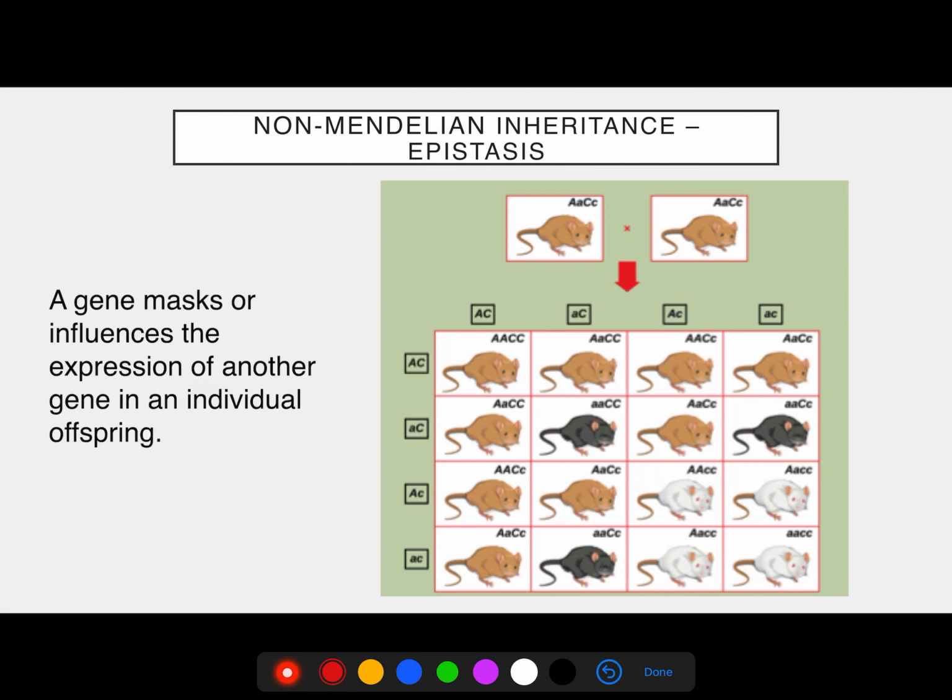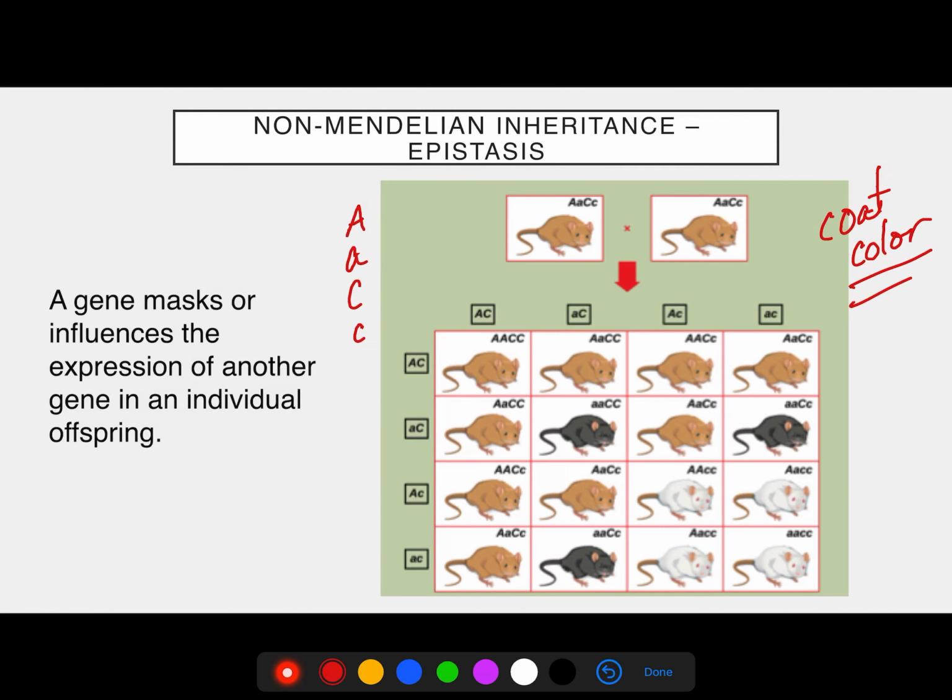A lot of times coat color is a major player in epistatic genes. So you might have the presence of C. If you'll notice here, there's capital A, lowercase a, capital C, lowercase c.